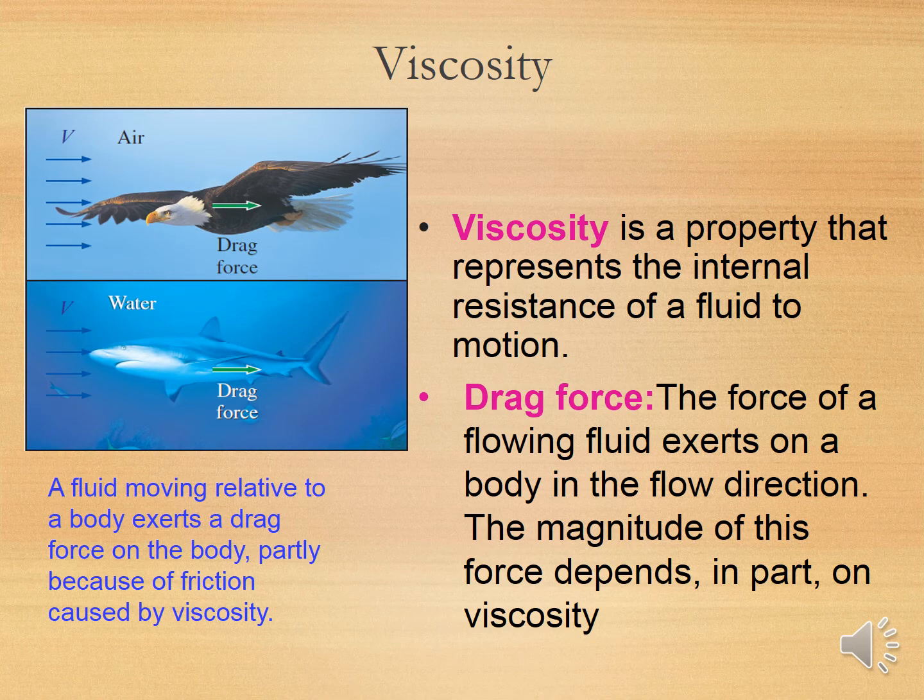So let's first understand what viscosity is. Viscosity can be simplified as the resistance which exists in a fluid during motion. The simplest way to explain viscosity: imagine that you are pouring two types of liquid.